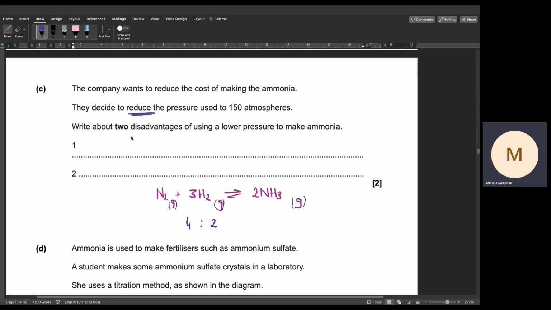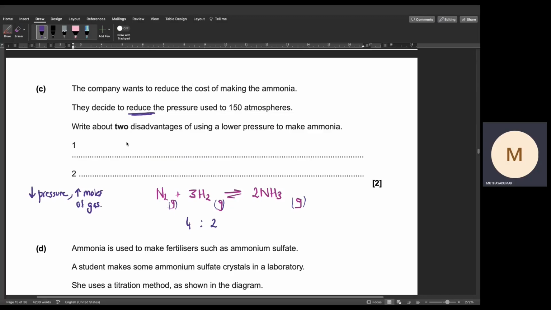If we reduce the pressure, linking it back to Le Chatelier's principle, reducing pressure, the equilibrium will shift to the side with more moles of gas. In this particular case, more moles of gas is on the reactant side. So by reducing the pressure, it may reduce the cost, but it's also going to reduce the yield.